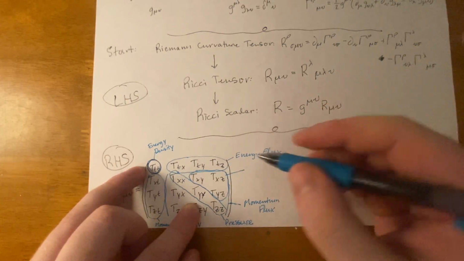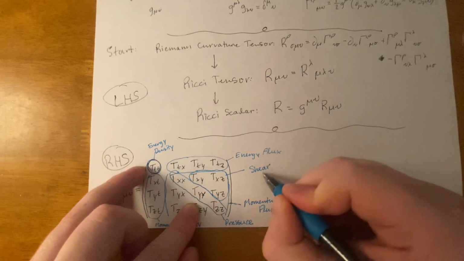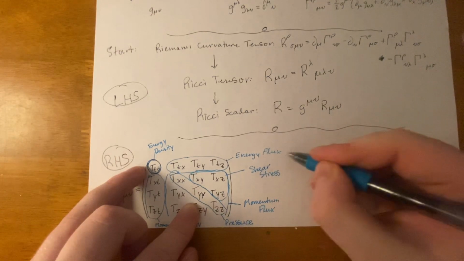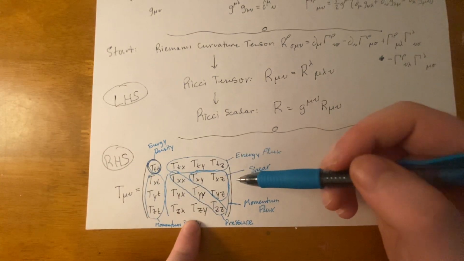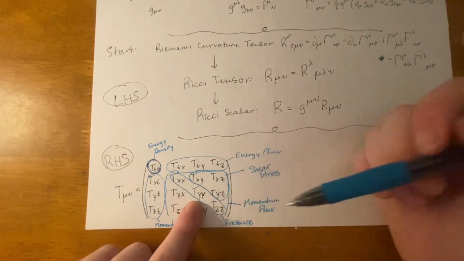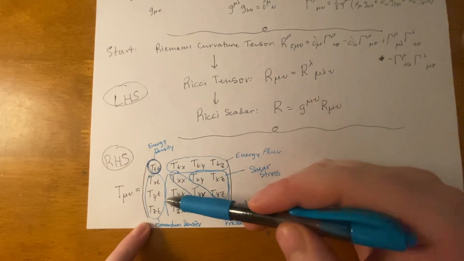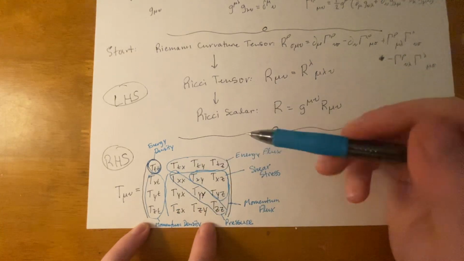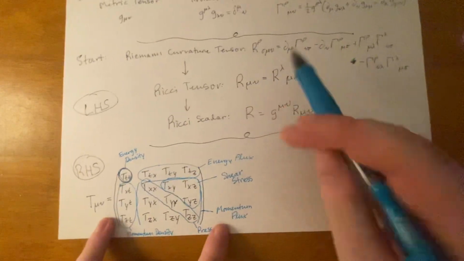This is the shear stress. I think sometimes it's denoted with lowercase sigma, perhaps. Pressure is denoted with P. But that's the components of the stress energy tensor.